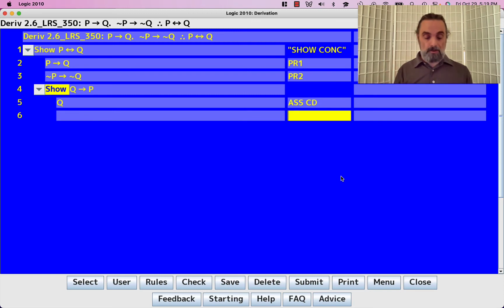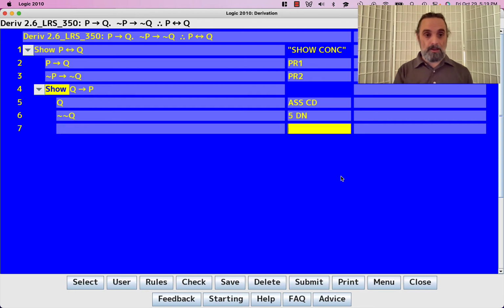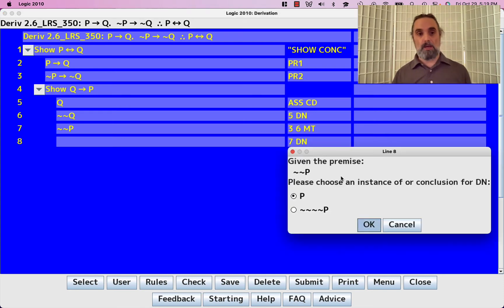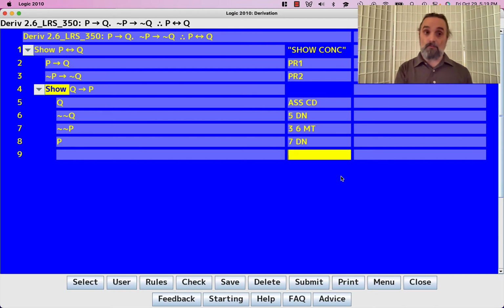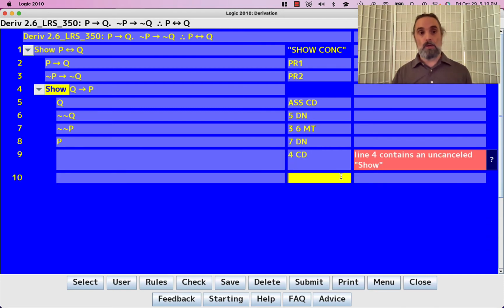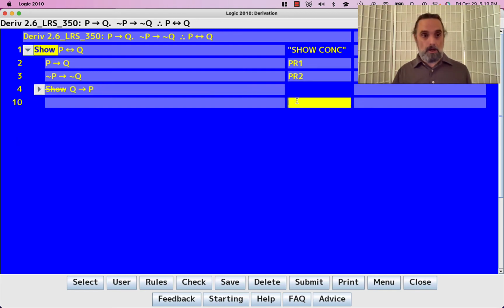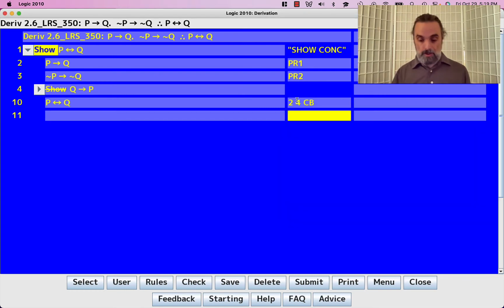Well, we can double negate it, and that lets us do modus tollens with 3 and 6, giving us negation, negation P, and we're then going to remove those double negations, giving us P, which is the consequent of what we're trying to show. We're trying to show 8. We're going to box and cancel by applying with line 8, because P is the consequent of that. And now we're basically done. We're just going to stick 2 and 4 together into the biconditional, and we're done.